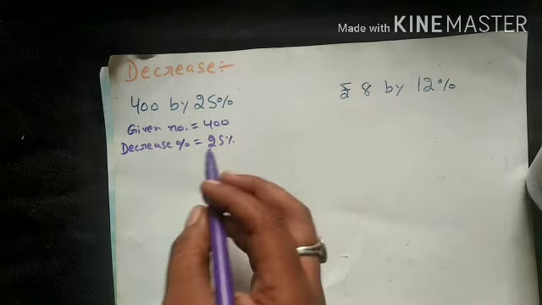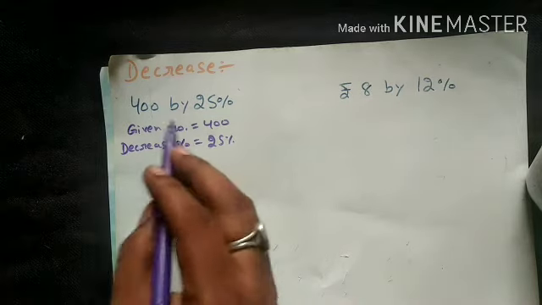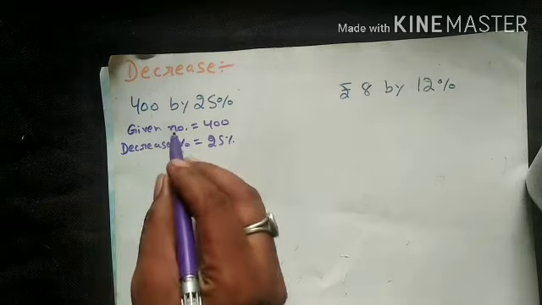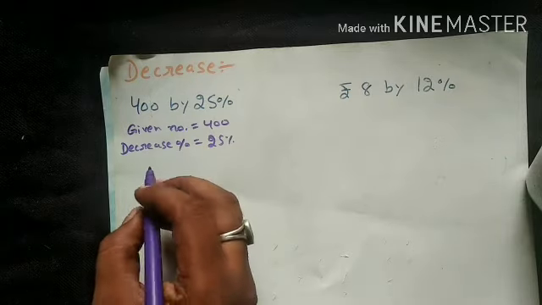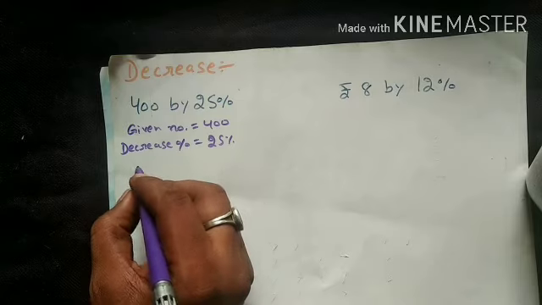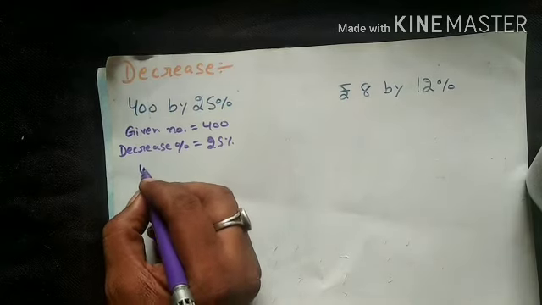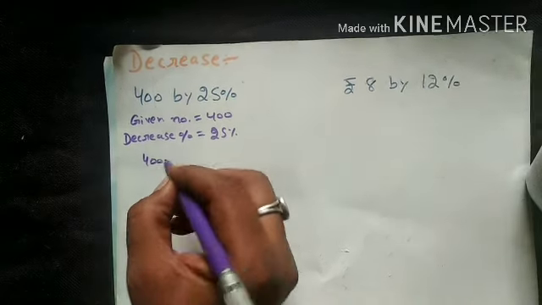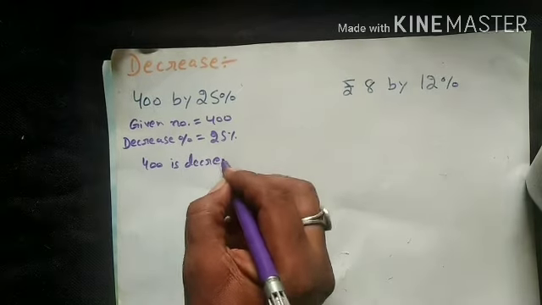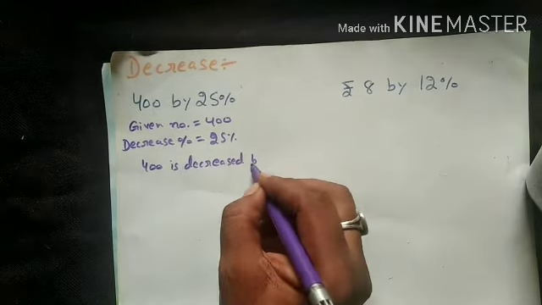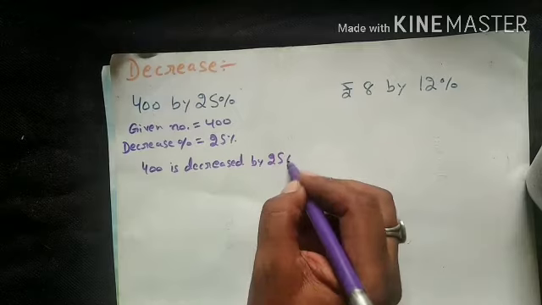So what is the method? First of all, see this. 400 is to be decreased by 25%. Therefore we will write 400 is decreased by 25%.